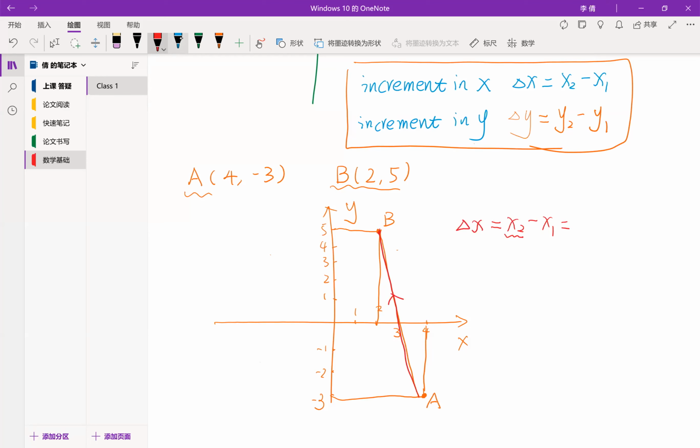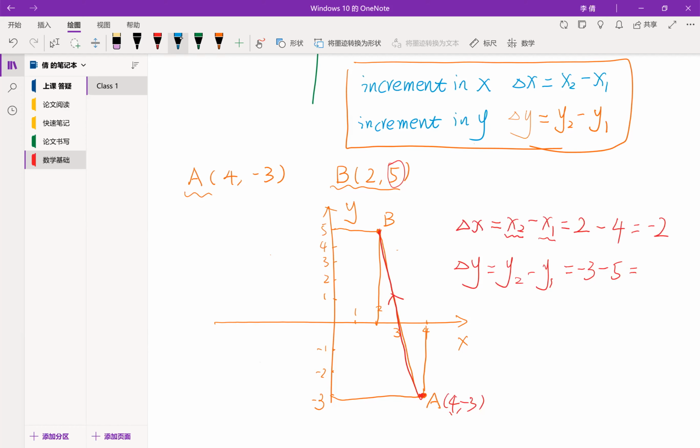So x2 is equal to 2, and x1 is the starting point's x coordinate, so x1 is 4. We use 2 minus 4, which is equal to -2.